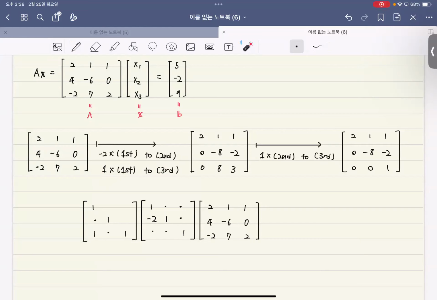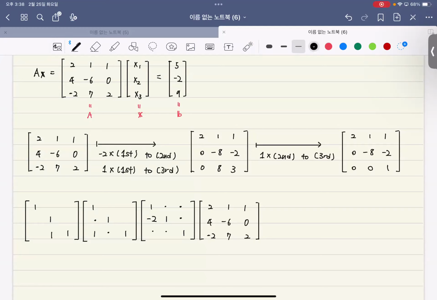And for the last one, I need the second row added to the third. So this is third row and second column, and the entry must be 1.